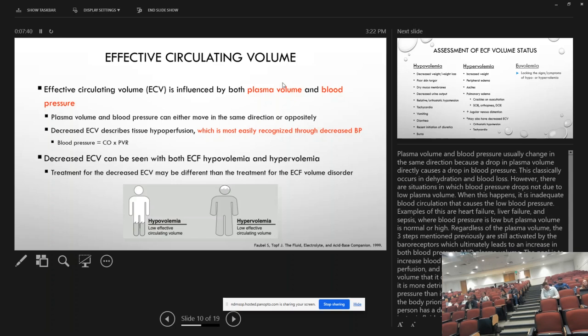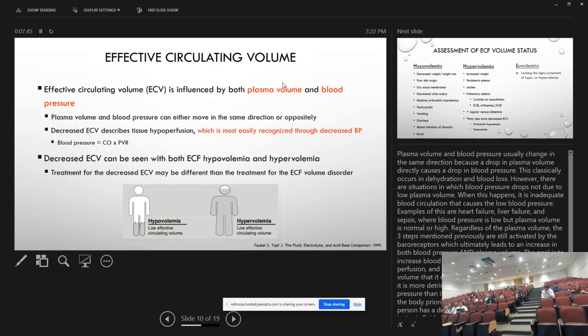the little graphics here. So you can have a hypovolemic state, low blood volume, and a low effective circulating volume. Then you can have a patient who's hypervolemic and a low effective circulating volume. What kind of disease states will fall into either one of those categories?